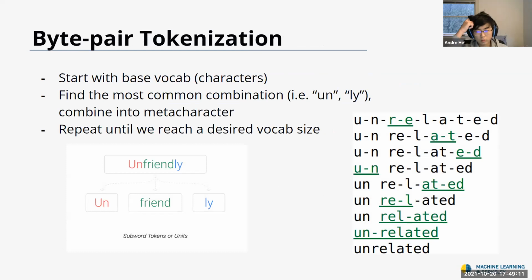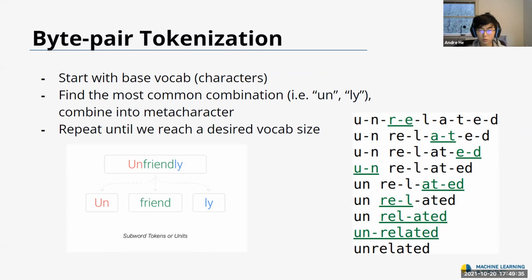One way to get around this trade-off, or at least find a sweet spot in it, is using byte pair tokenization. What this means is you'll start with a base vocabulary. This can be characters, or you can choose bytes, but to make it easier to understand, we'll just use characters as the base vocabulary here.